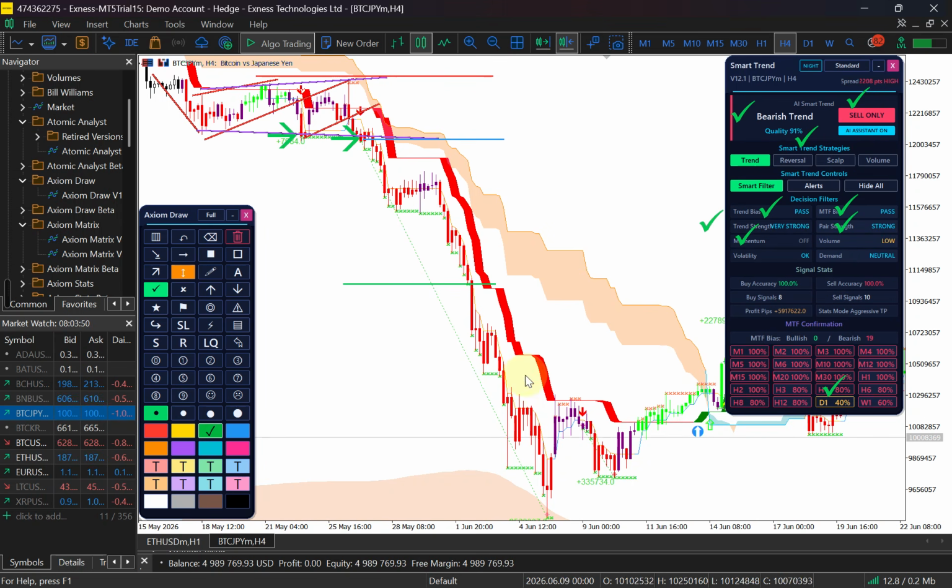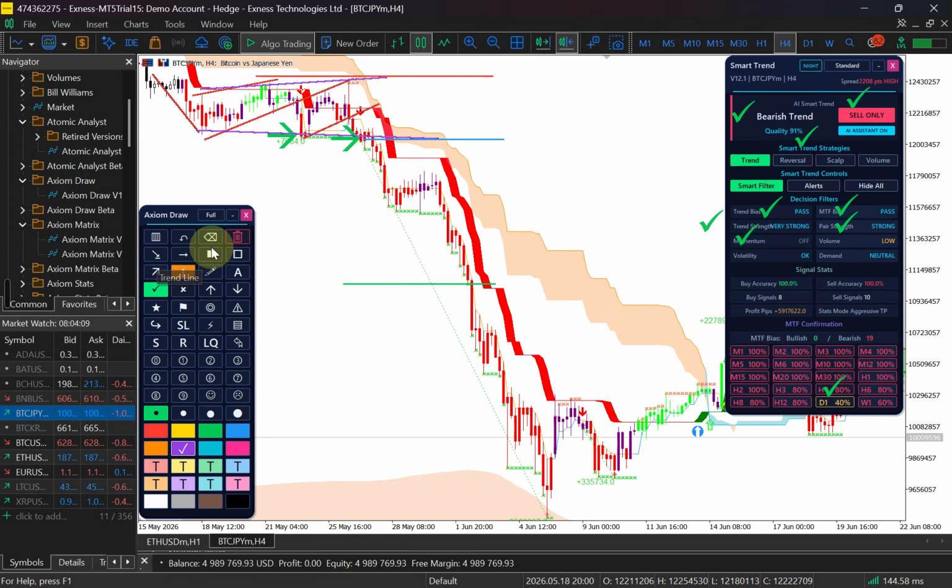Okay. So now I'm putting my entry here and I'm aiming for a 1 to 2 risk to reward ratio. Now the price is going to start moving, and I have a technique that I'm using as well. When the price moves 1 to 1 risk to reward ratio at this area here, let me just change that.